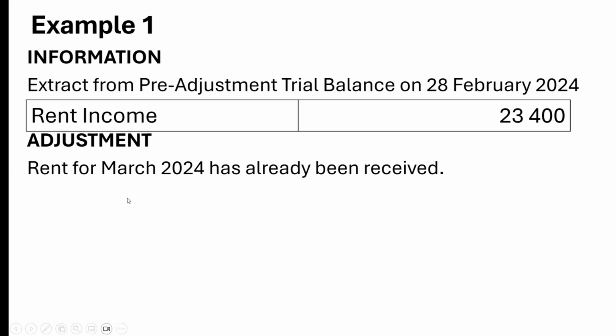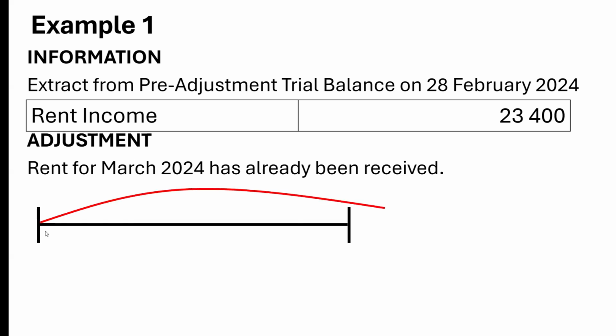So here, this extract from the pre-adjustment trial balance tells me that rent income has a balance of 23,400. That means this is how much I have received in the financial period. The adjustment then says that rent for March has already been received. If I look at my timeline, it means I've received for this year plus that 1 month extra.